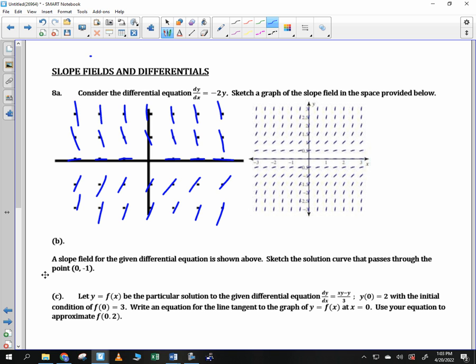We good? Okay, 1 point for the slope field. Sketch through 0, -1. So I've got 0, -1. That's that spot right there. And I should see something that looks like that. It's 1 point there.